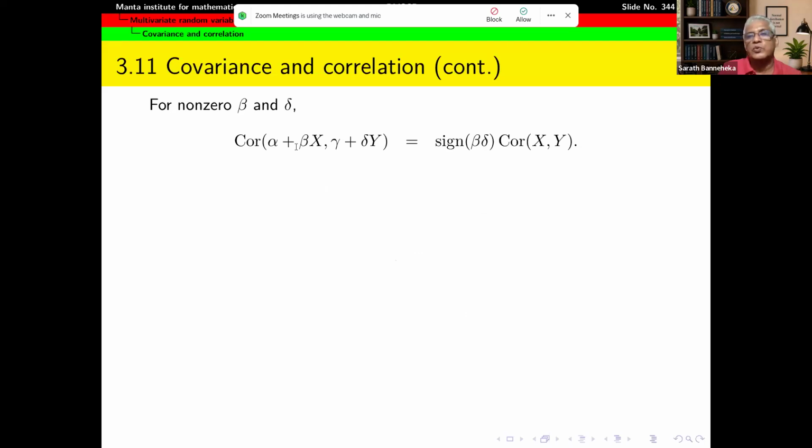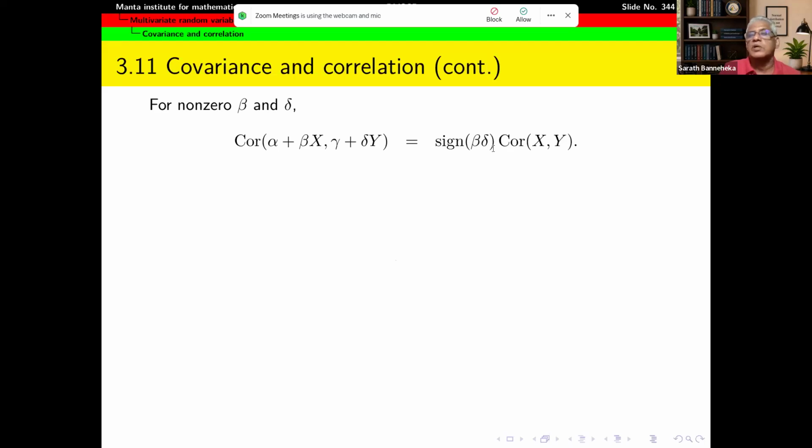We already have actually looked at the covariance term related to this. We saw that the covariance between alpha plus beta x and gamma plus delta y will be equal to the product of beta and delta times the covariance.